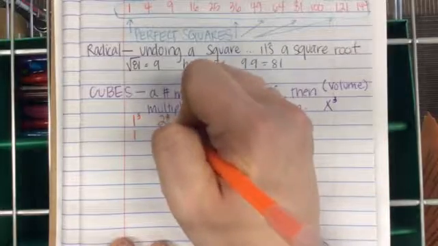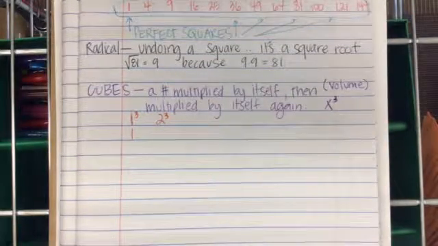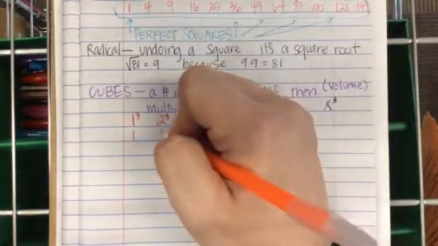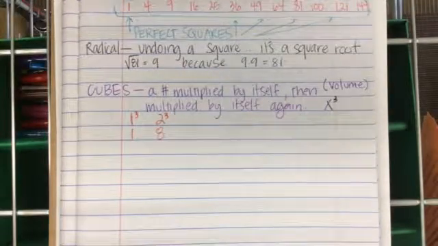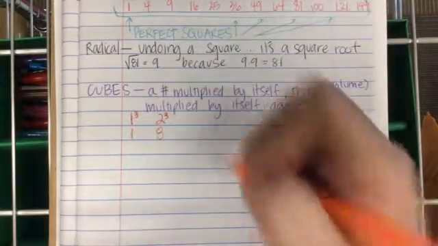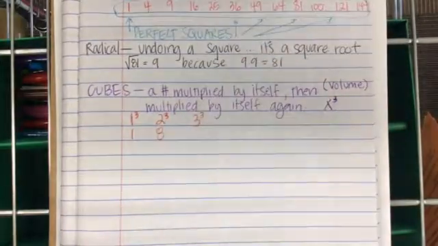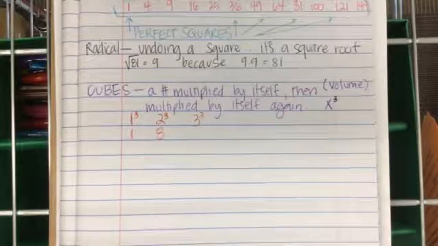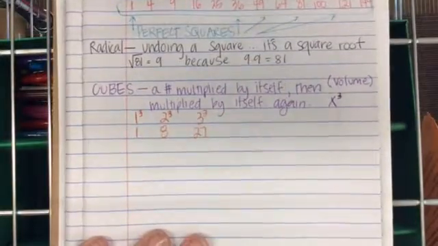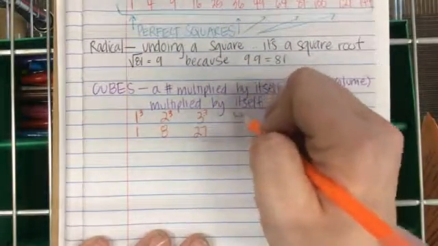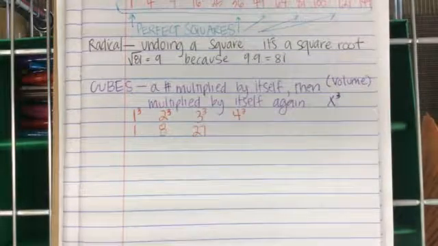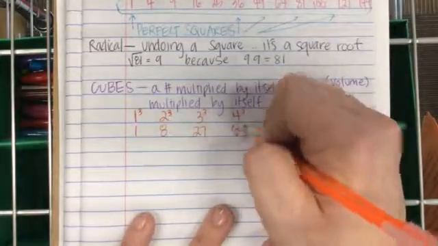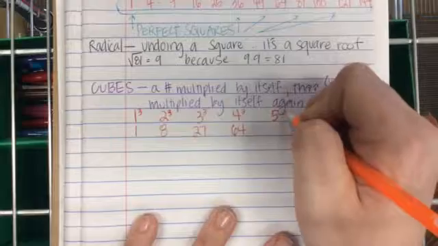Two cubed, 2 times 2 times 2, 8. 3 cubed, 3 times 3 times 3, 27. 4 cubed, 4 times 4 times 4. 5 cubed.